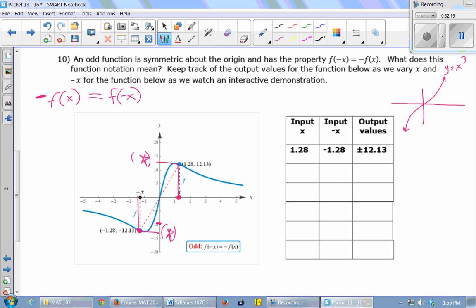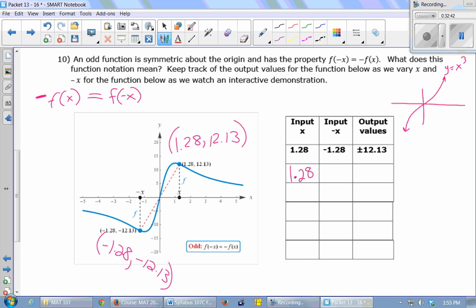Right, yeah. So like let's look at the pictures, this picture that I have here. So if I plug in 1.28, my point, you can hardly see it, 1.28 is 12.13, right? And this point here, if I plug in negative 1.28, my output is negative 12.13, right?